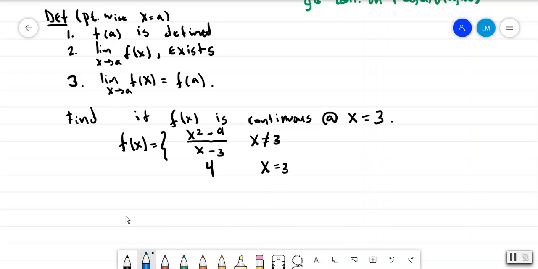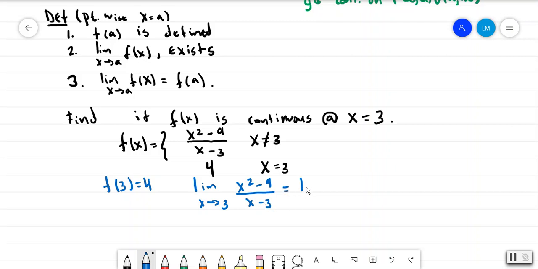Now, to do this problem, we just have to see whether the function satisfies the three conditions. We have that f of 3 is equal to 4, so the first is satisfied. Then for the next one, we calculate the limit as x approaches 3 of x squared minus 9 divided by x minus 3.